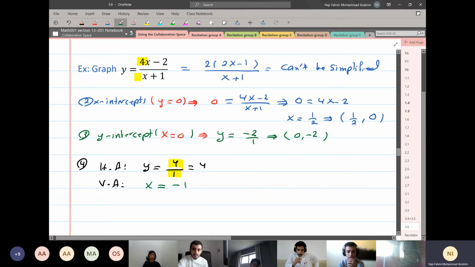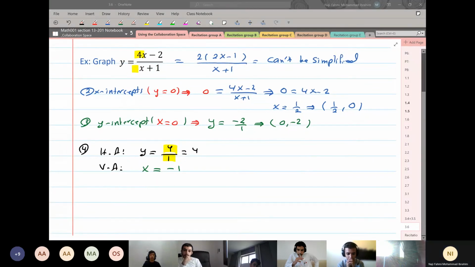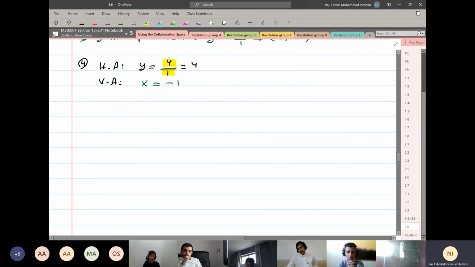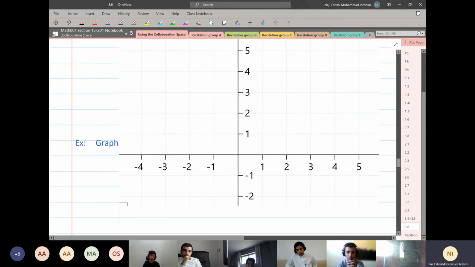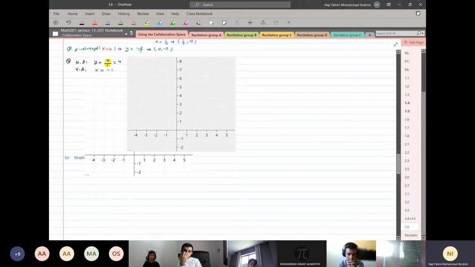Now, I will plot my information here on a graph. Let me just bring the coordinate plane now so that we can draw whatever we need. Okay, this is the coordinate plane. Now I will plot it here. And let's put all the information that we have found on this graph.